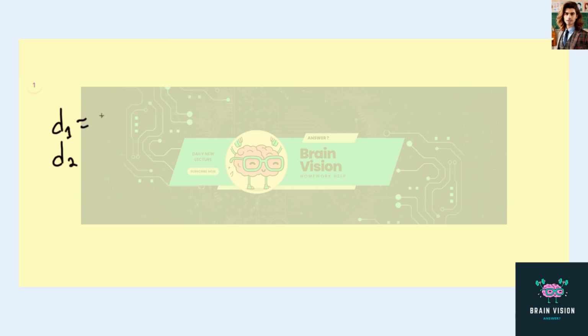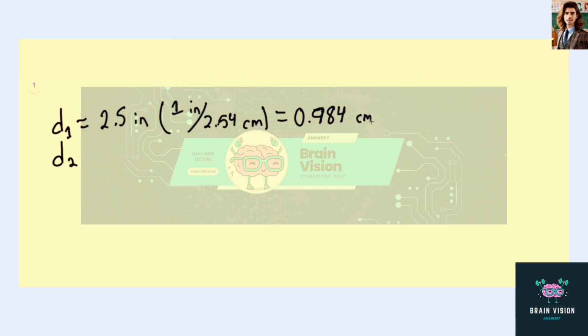So here, first we should immediately change these diameters into centimeters. So 2.5 inches: for every 1 inch, it's 2.54 centimeters. So this is going to give us 0.984 centimeters.